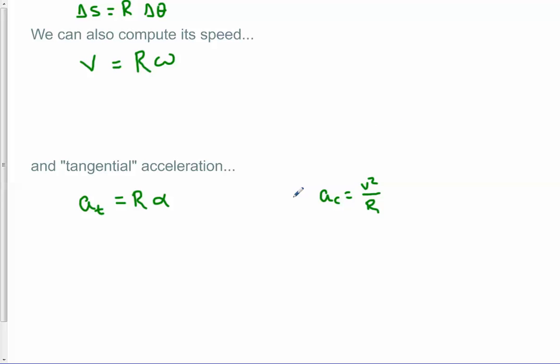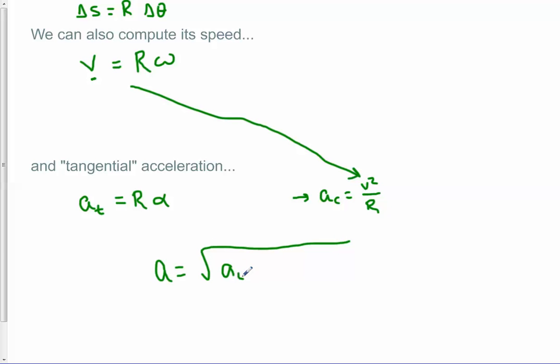If need be, we can figure that out. The v here can be gotten from over here. And then the overall acceleration is, you do a Pythagorean theorem on these two pieces of acceleration, tangential and centripetal.